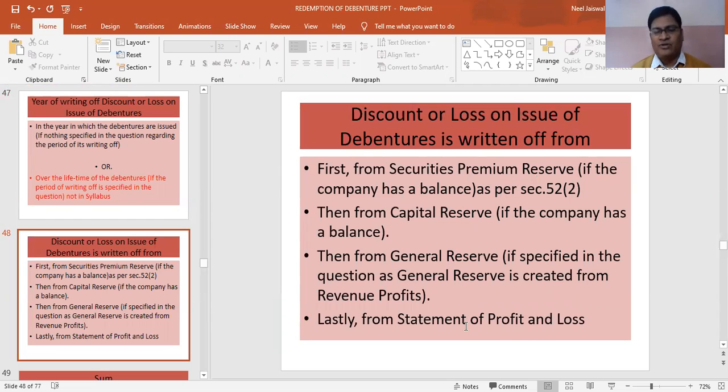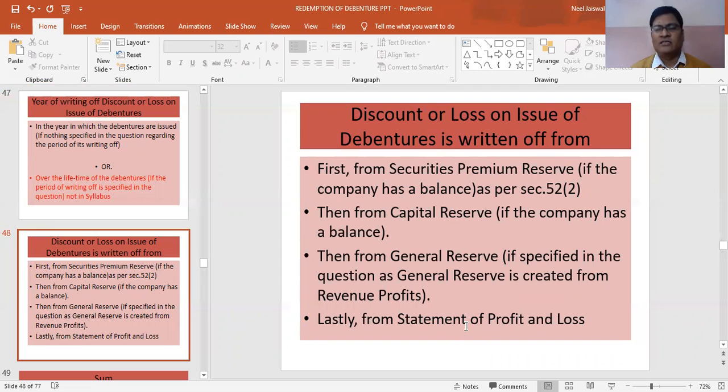Even if statement of profit and loss has no balance, it will be written off from statement of profit and loss. In that case, statement of profit and loss will have a debit balance, a negative balance. As we have seen in Schedule 3, even a negative statement of profit and loss will be shown under reserves and surplus. That means statement of profit and loss can become a negative balance also because of loss on issue of debenture.